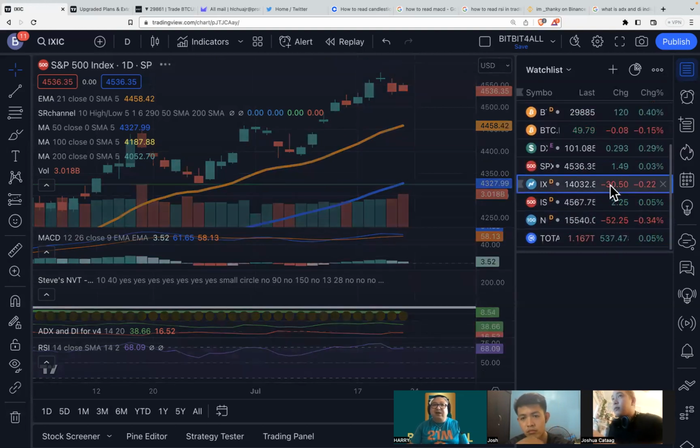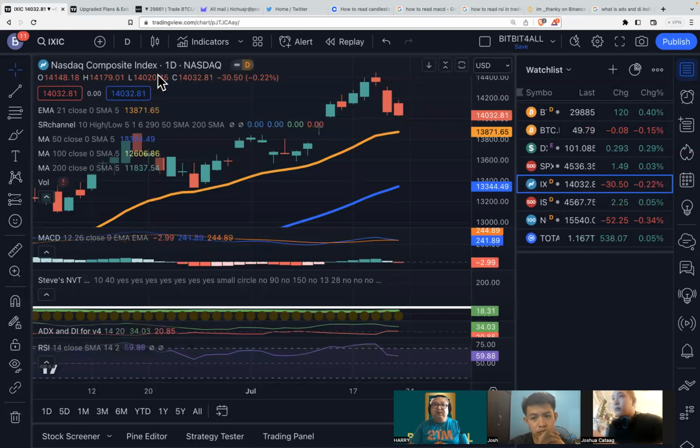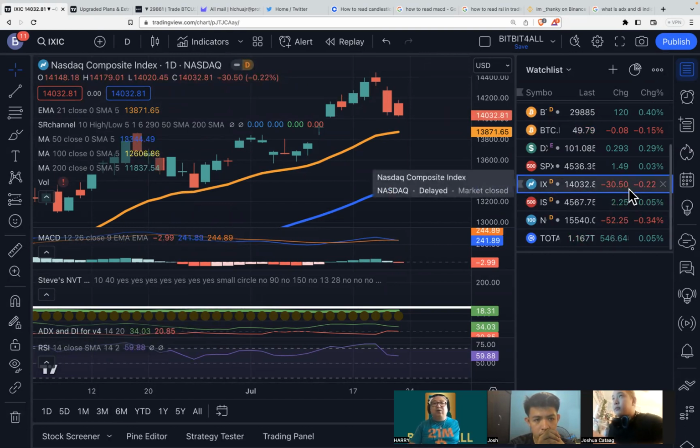Tapos itong Nasdaq Composite Index are the tech companies. Bakit importante rin ito? Kasi pag risk on ang mga investors, meaning to say, they are taking risks. They're buying stocks na mga venture capital, mga risky na you don't know what's gonna happen.